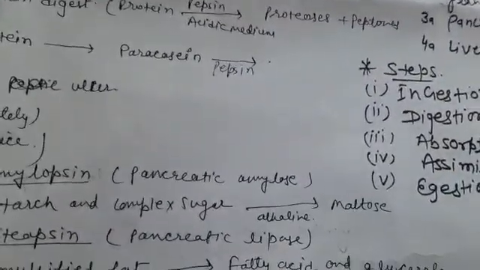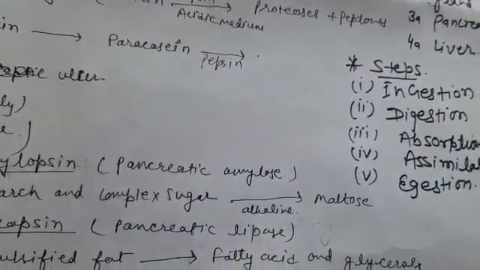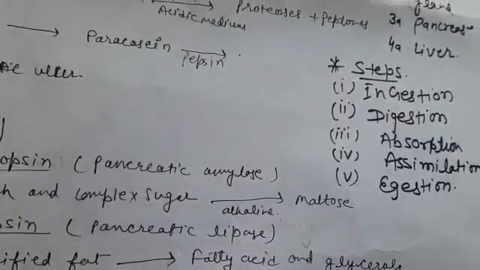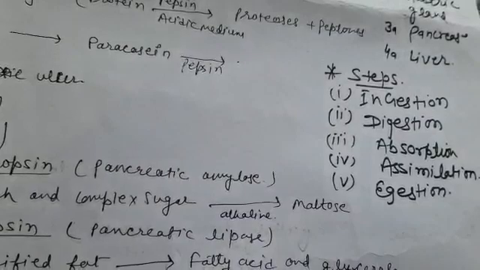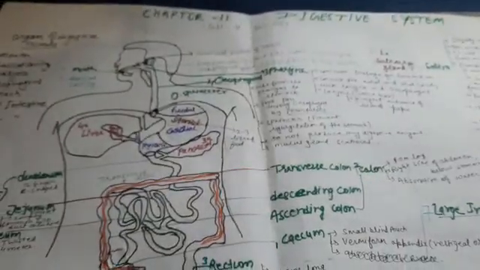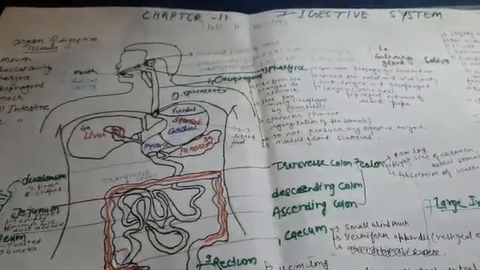And we have already discussed the steps of digestion, that is ingestion, digestion, absorption, assimilation and egestion. And this is all about chapter 11 of class 9 biology, that is the digestive system.